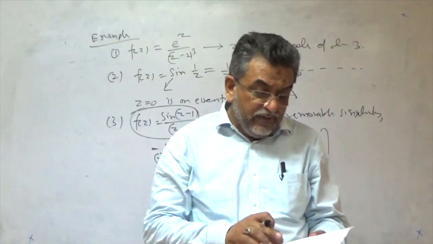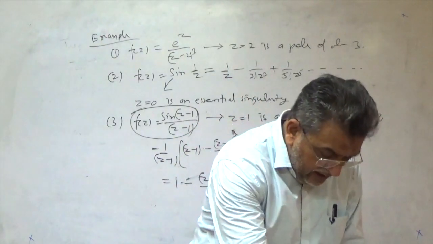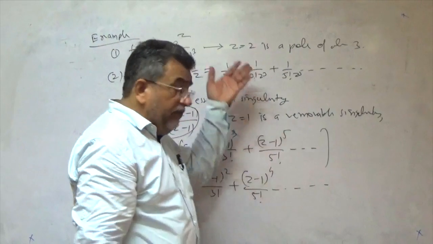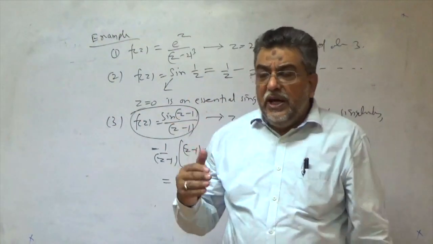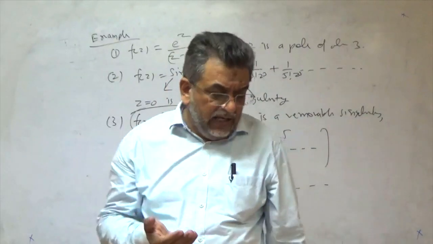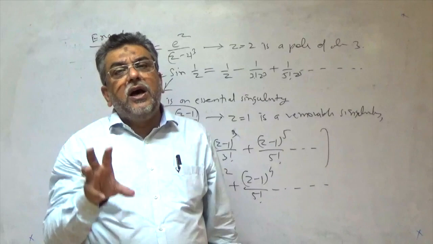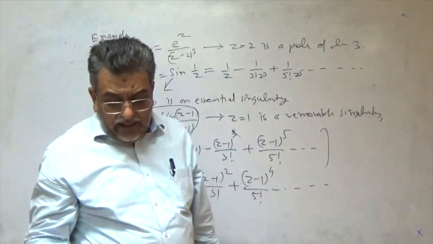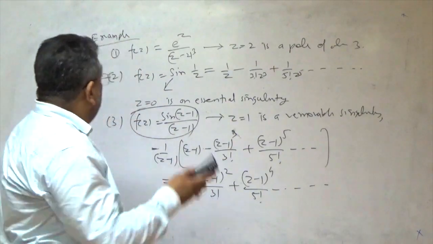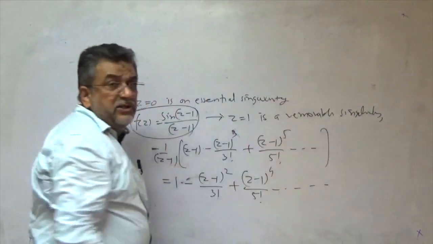And also we can define all 3 types of singularity by another method. There are various methods to detect a singularity of a given function. Another method, a very simple method, is by the help of calculus.